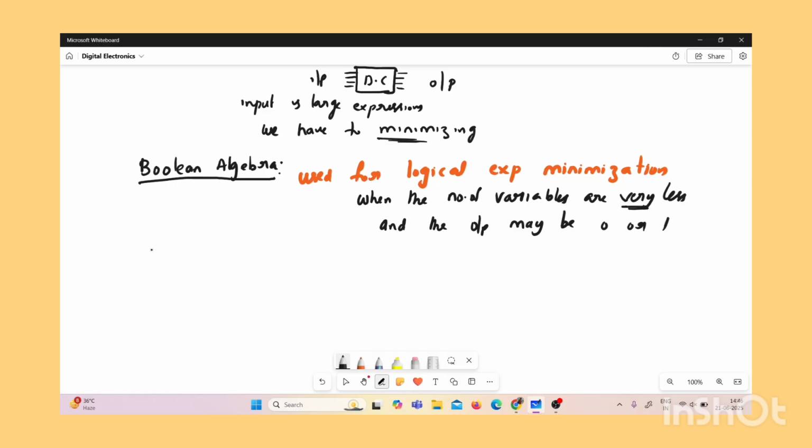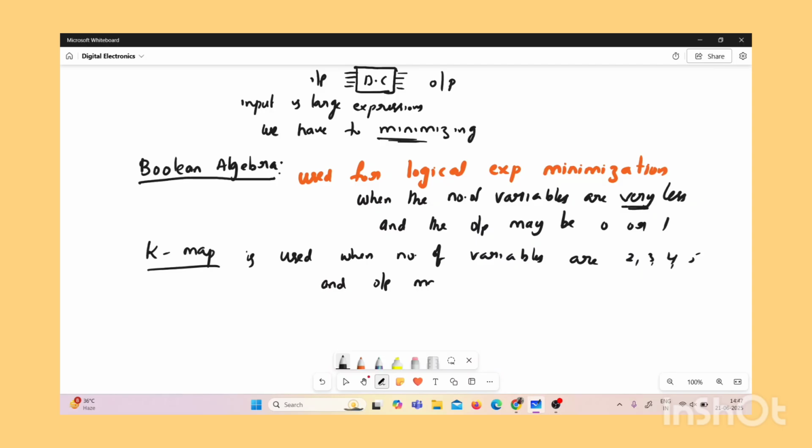Then what do we have to do? Then the K-map or Karnaugh map is used when the number of variables is more. When the number of variables is 2, 3, 4 and 5, you can use the K-map.